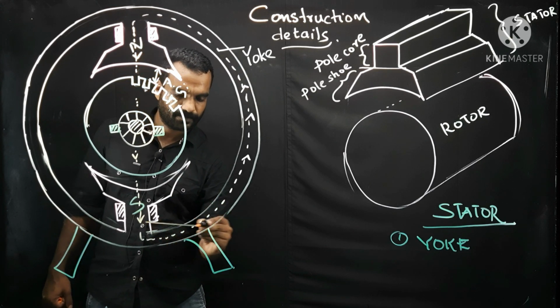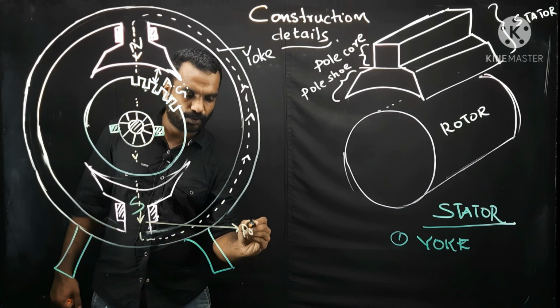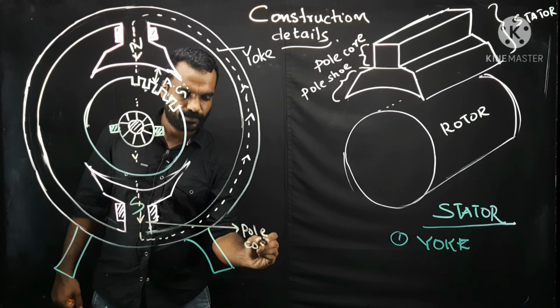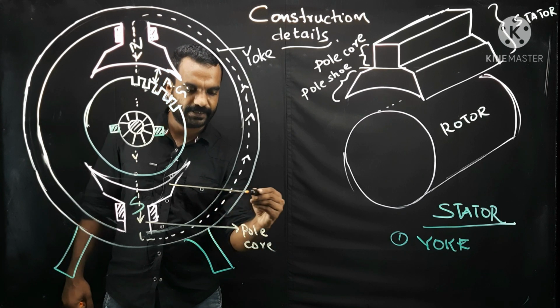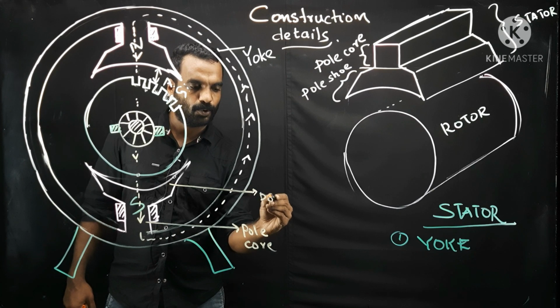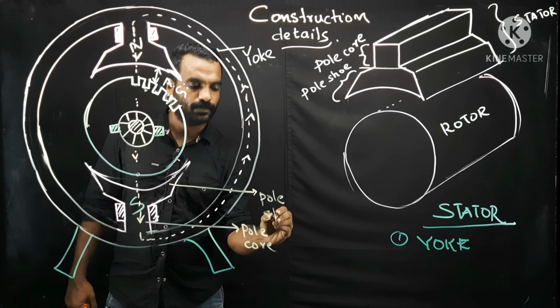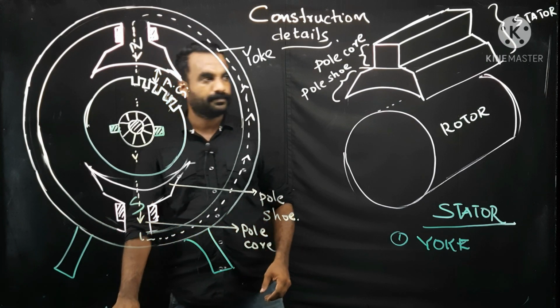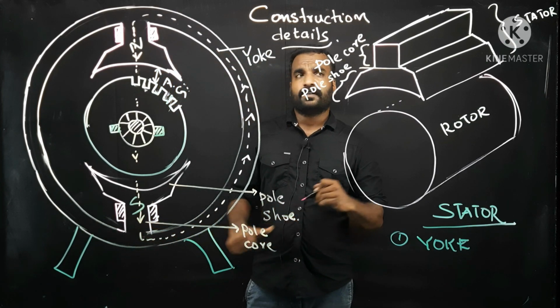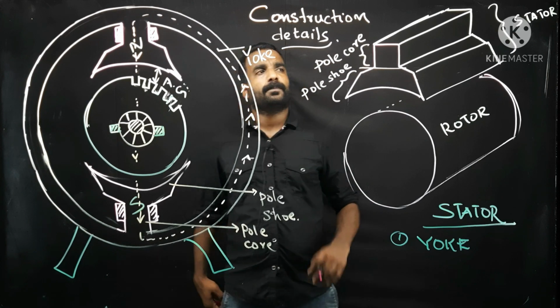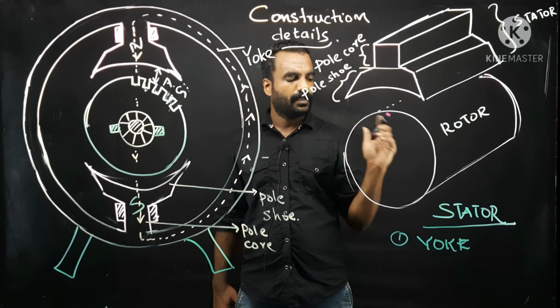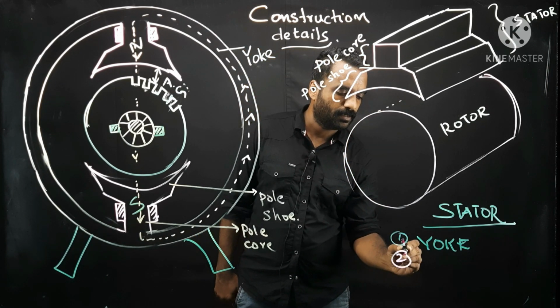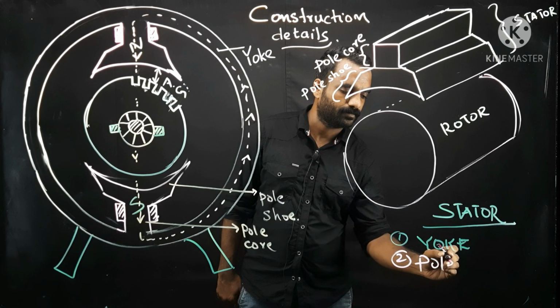This is the pole core and this is the pole shoe. So first of all, the pole core. Our next part is the pole core.